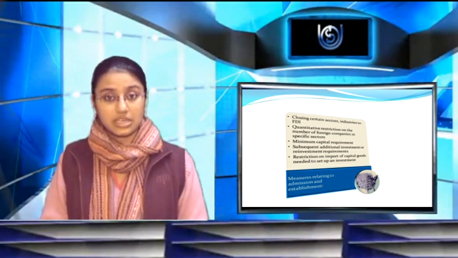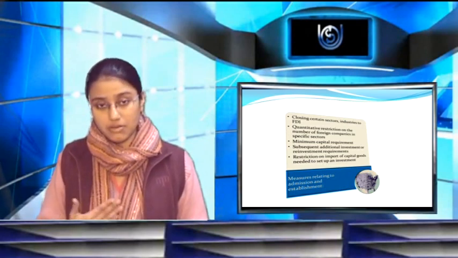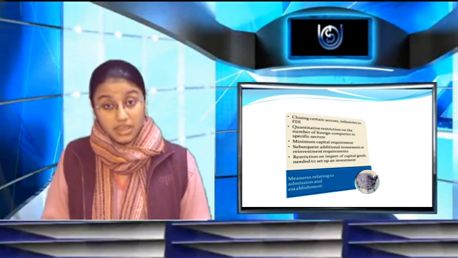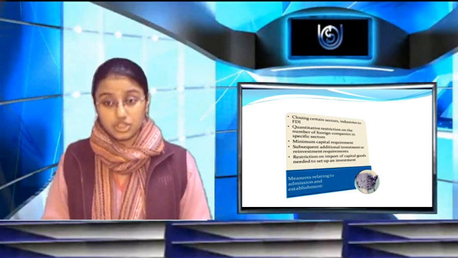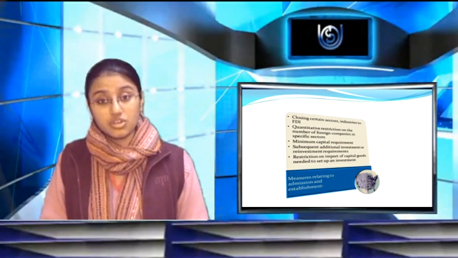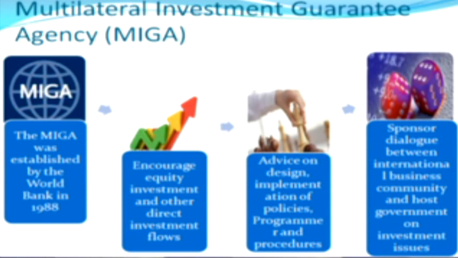So you have to consider what kind of quantitative restrictions there are. The measures also said that yes, a company can put quantitative restrictions on practices. Minimum capital requirement is one consideration. Then subsequent additional investment or reinvestment requirements were there. Restrictions on the import of capital goods needed to set up an investment is another.